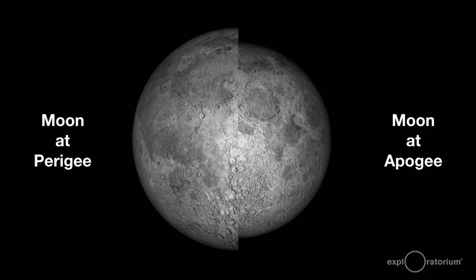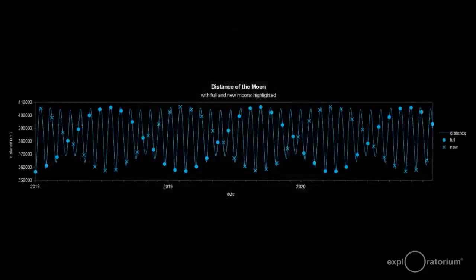So if you look at the distance and the change of the distance from the Earth, here's kind of a graph that might be kind of hard for you guys to see out there. But this up and down blue line with the dots on it, that's the distance, and it changes. It gets closer and farther and closer and farther, and you can see there that the full moons are the solid dots, and the new moons are the little X's.